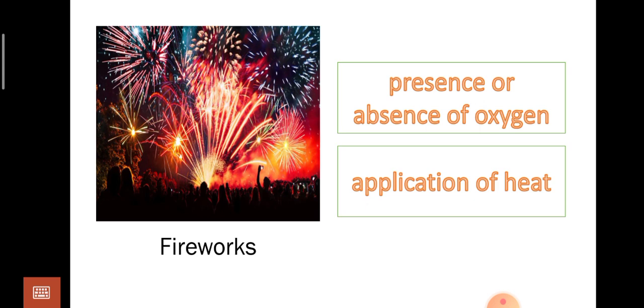So, in our first picture, we have fireworks. Yung mga colors na nililikha ng fireworks na yan, is it because of the presence or absence of oxygen or through application of heat? List down your answer.